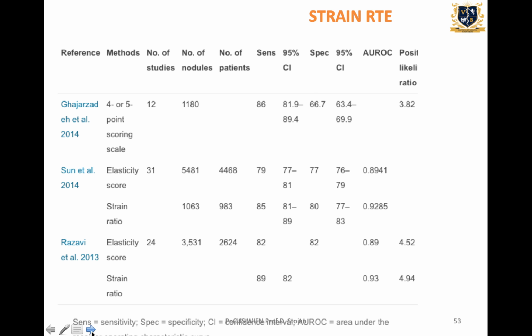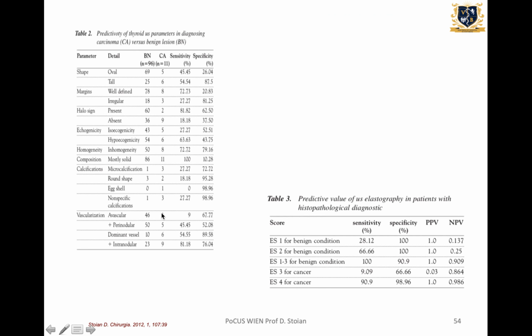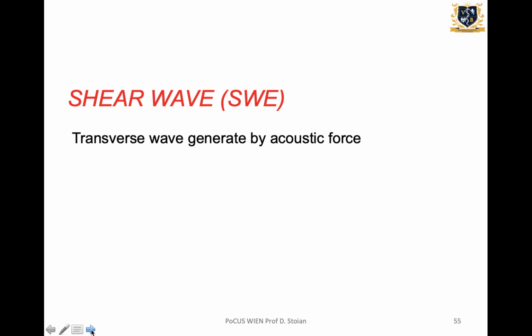There is also no clear cutoff point of elasticity; there are different elasticity values but good sensitivity and specificities. And when we look here comparing each conventional ultrasound characteristic with elasto, stiff is specific for cancer, soft is specific and sensitive for benign lesion.